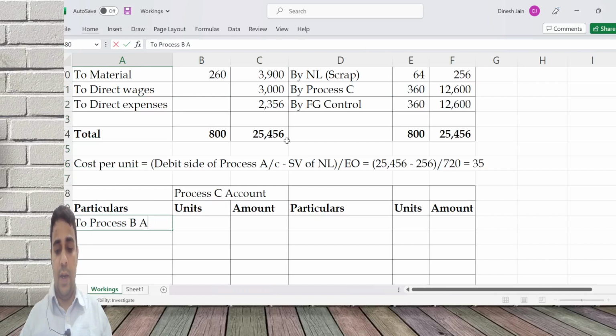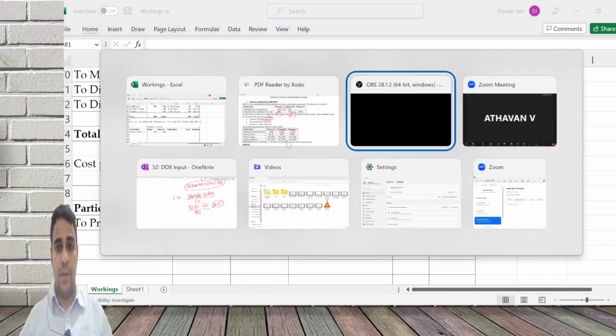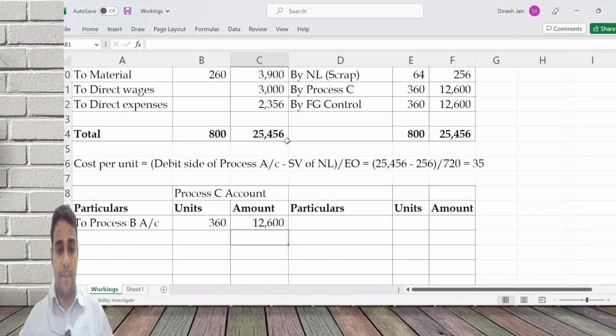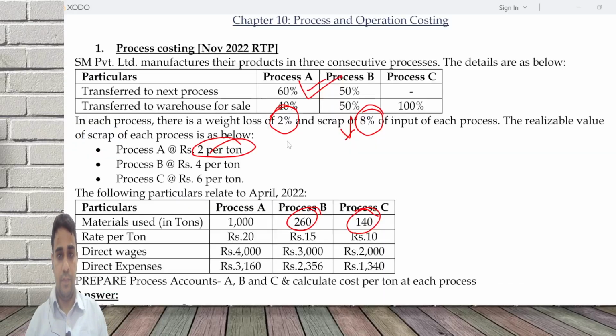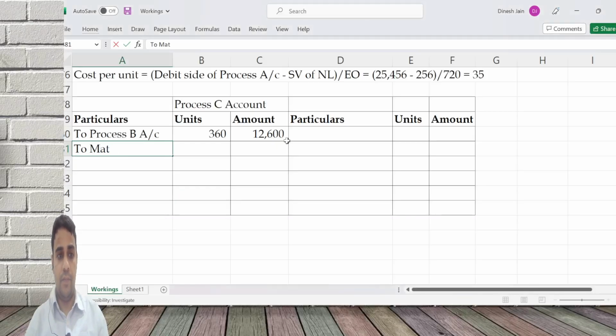To process B account, double entry posting 360 and 12,600. 140 into 10, direct wages, expenses 1,340.